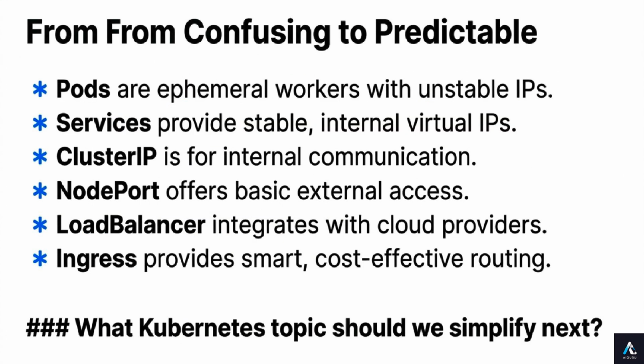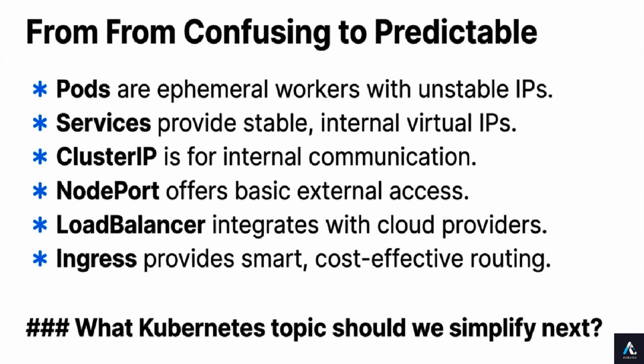Here is everything we covered in one place. Pods receive IP addresses, but they are ephemeral. You should never rely on them directly. Services provide stable and consistent access to pods, even as those pods are continually created and destroyed. ClusterIP manages internal communication between microservices within the cluster. NodePort exposes applications externally through node-level ports, though it comes with several limitations.